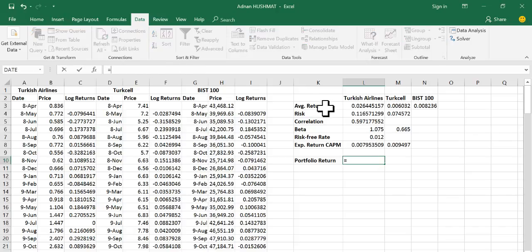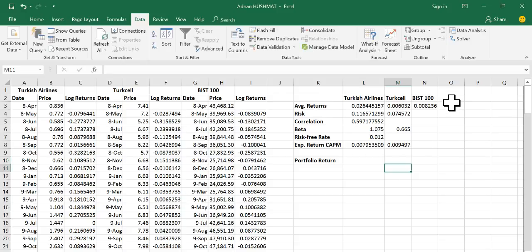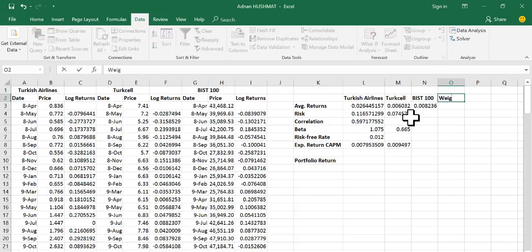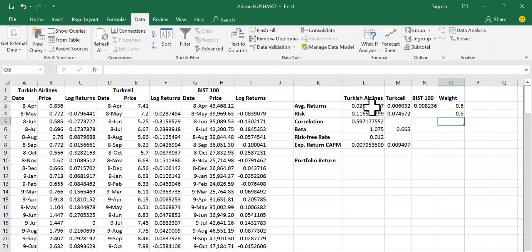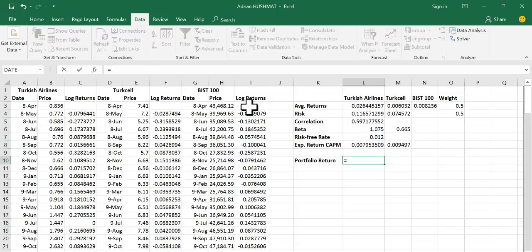So here we need to decide how much of our wealth we're going to invest in Turkish Airlines and Turkcell. We assume that the weights are equal: 50% we invest in Turkish Airlines and 50% in Turkcell. The portfolio return is equal to the weighted average returns.